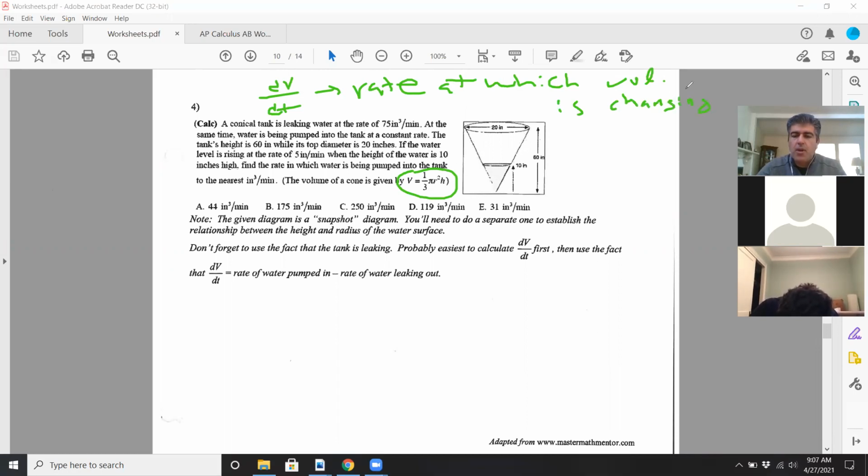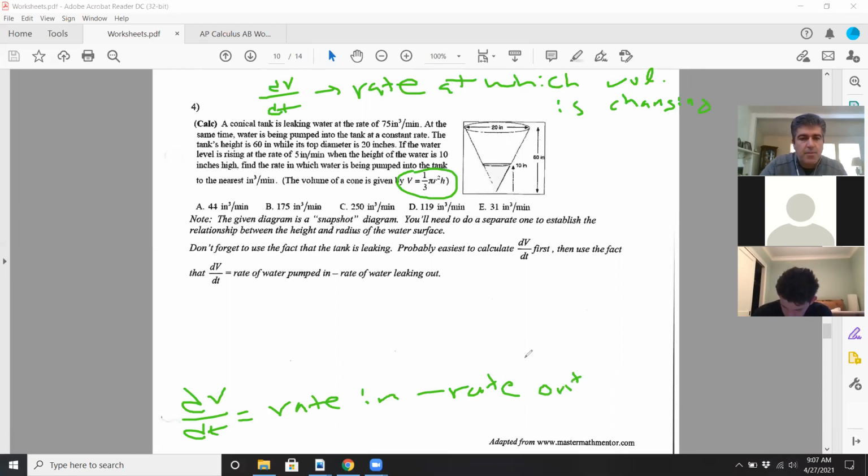Well, what's impacting the volume? The water coming in, the water coming out. So you could probably think of it like this, dV over dt equals the rate in minus the rate out. And they're asking for the rate in. So we actually want to solve for this.